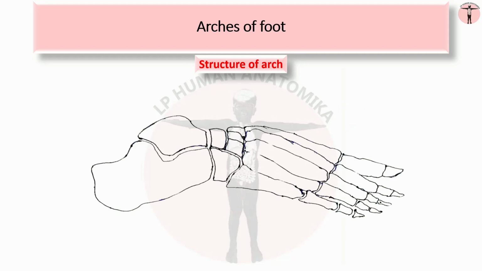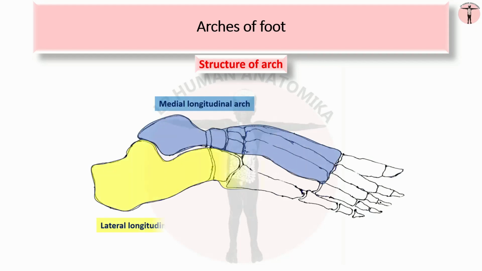Coming to the structure of the arches of the foot, a segmented structure can hold up weight only if it is built in the form of an arch. The foot has 3 such arches which are present at birth: the medial longitudinal arch, the lateral longitudinal arch, and the transverse arch.